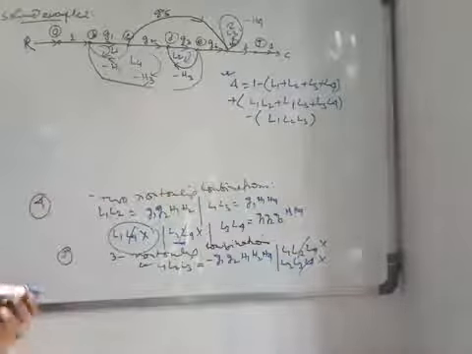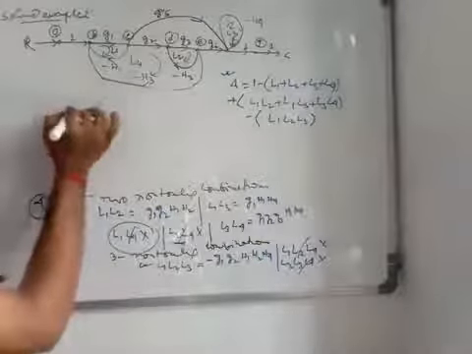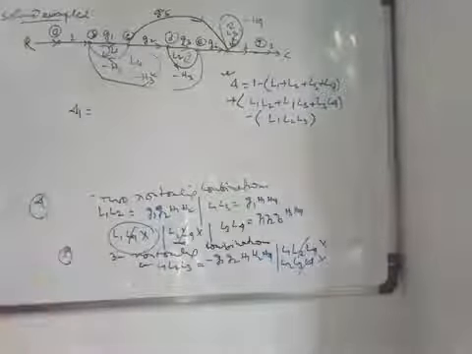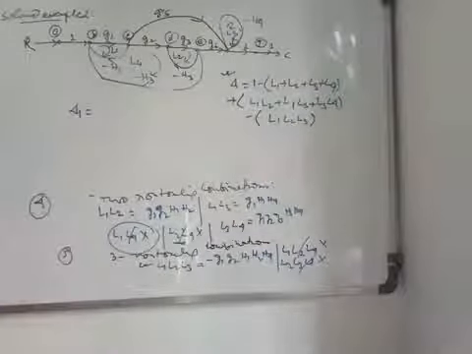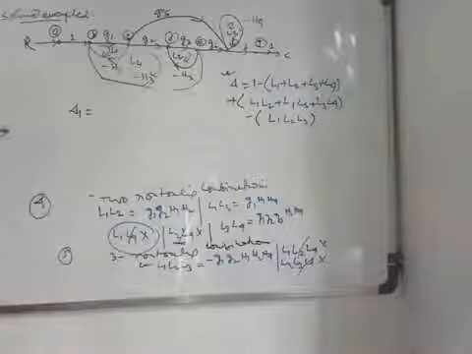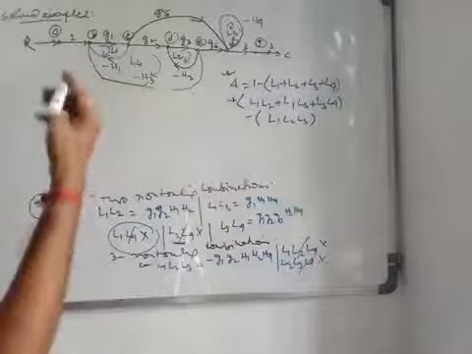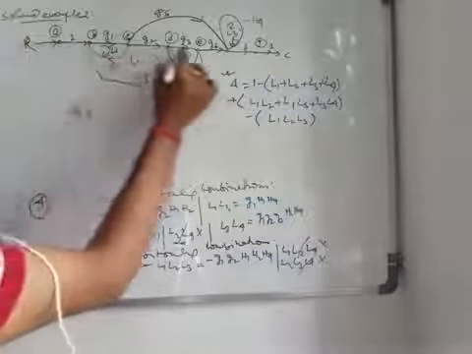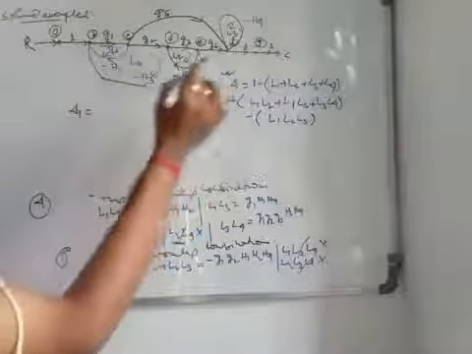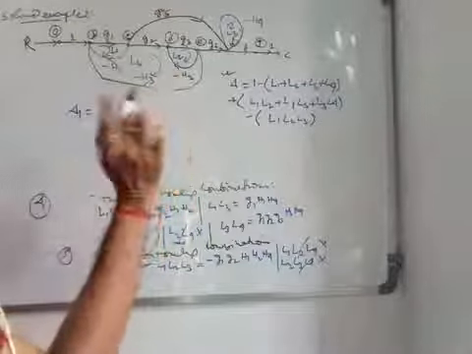But you have to find out delta 1. What does it mean? Delta 1 means that part of the delta which is not touching the forward path. That means you first have to find out the first forward path. This is your first forward path. See, and whether it is touching any loop or not.